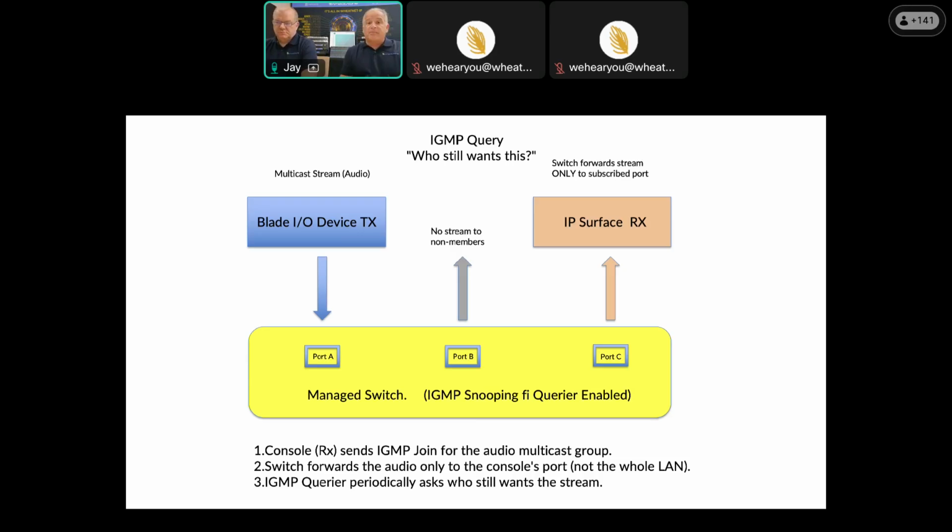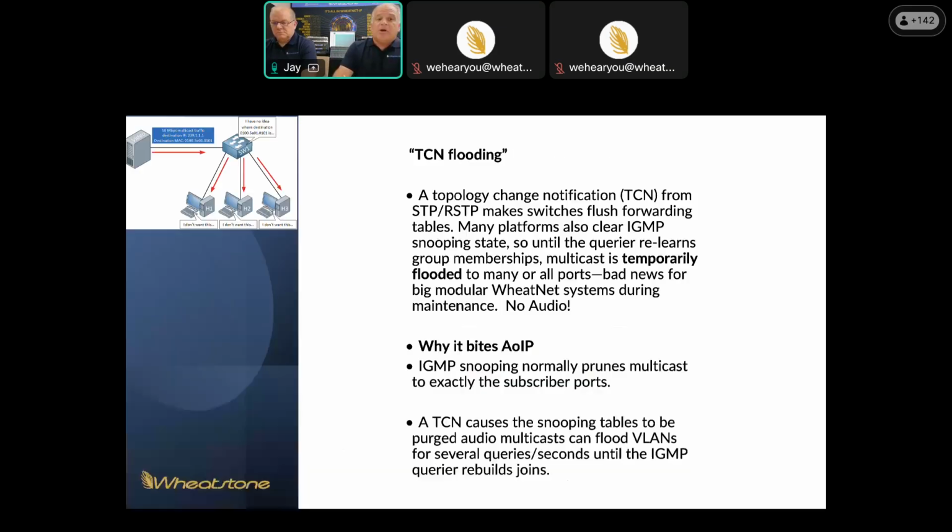If you've got a bunch of unused outputs sitting in your rack room, or outputs on the mic blades where you might only be using inputs, once everything comes up and the querier starts checking and asking who needs what, we actually pull those streams back. That decreases the overhead and the CPU usage in our system. That's WheatNet specific. When you get into the AES67 world or maybe other protocols, that's not true. So in the Wheatstone system, the IGMP and the querier are the main things that make it happen.